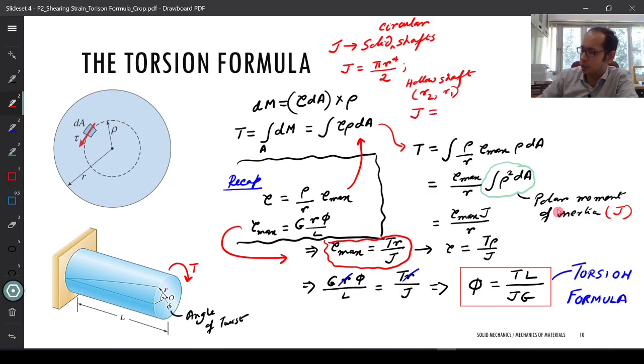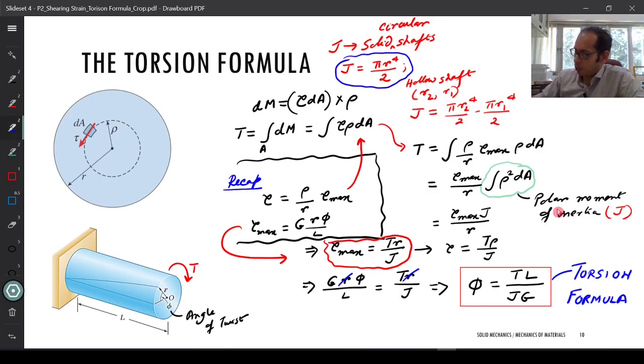J becomes pi r2 raised to 4 by 2 minus pi r1 raised to 4 divided by 2. These are some of the important things to remember when you solve problems. So this is also an important relationship, as well as this one. You probably remember this, but I thought I would just write it out over here.